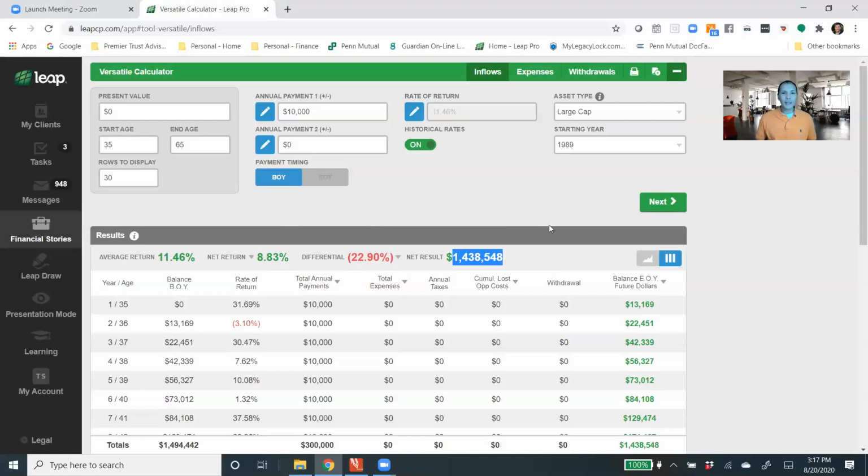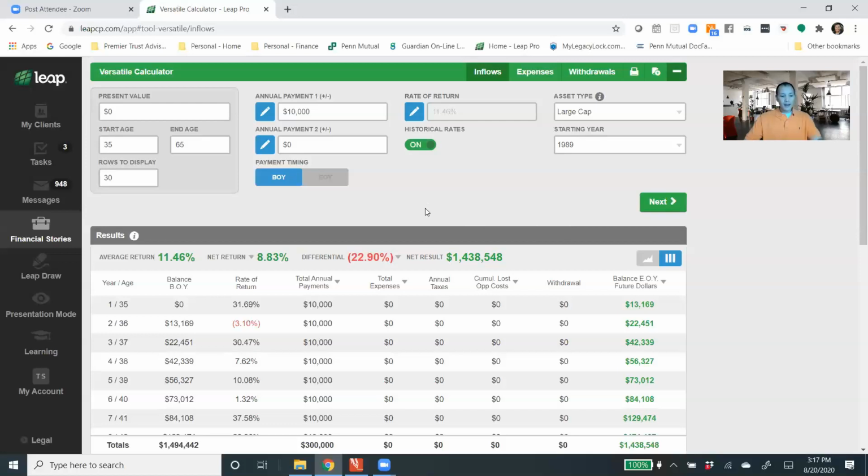So what happened here? Well, the fact of the matter is average rates of return are very different than actual, because mathematically losses have a much higher impact on your account than the gains. This really illustrates that point, that although the average may be great, the losses have a much stronger impact on your net results.